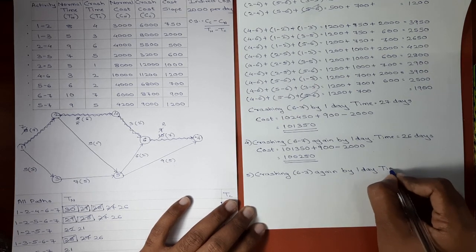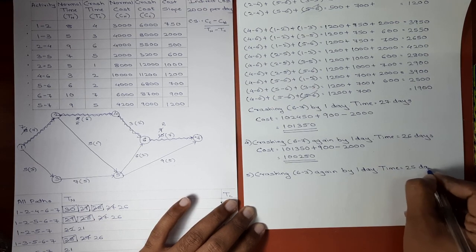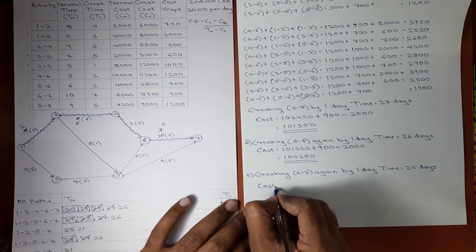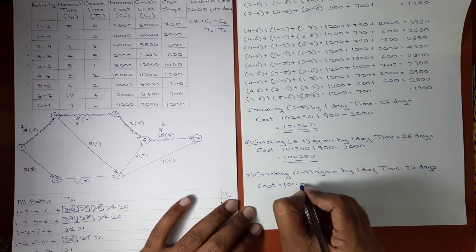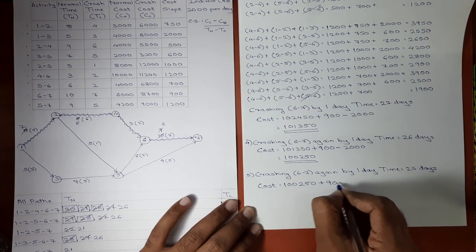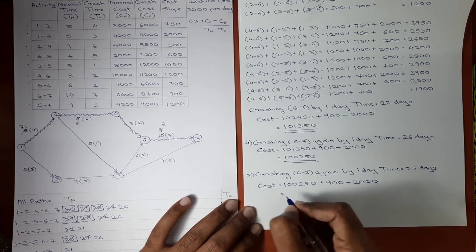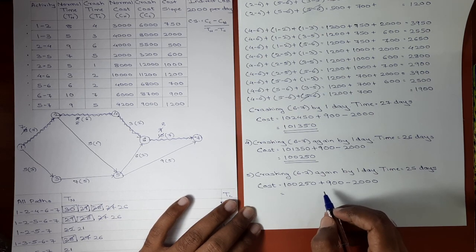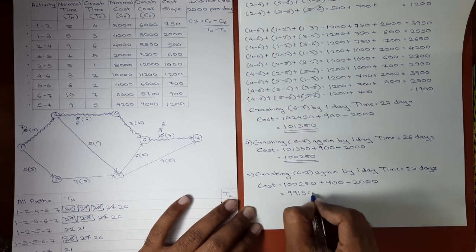Now the time, first it was 26, will become 25 days. Now the corresponding total cost will be 1,00,250 plus cost slope of 6.7 is 900 minus indirect cost of 2000, we get the cost as 99,150.